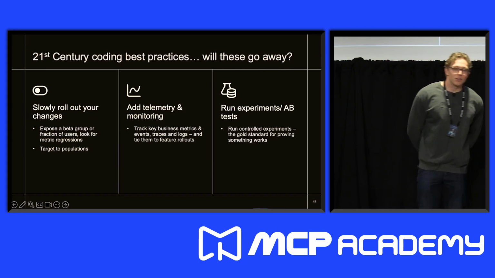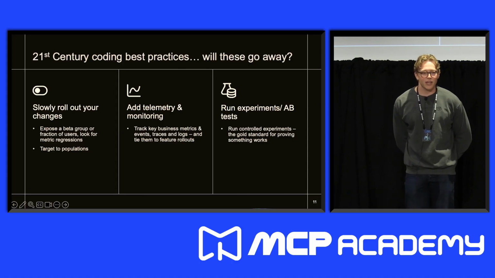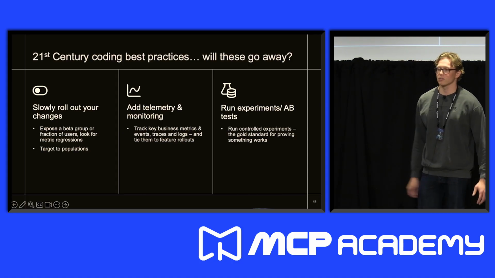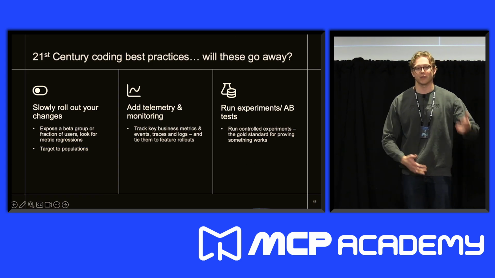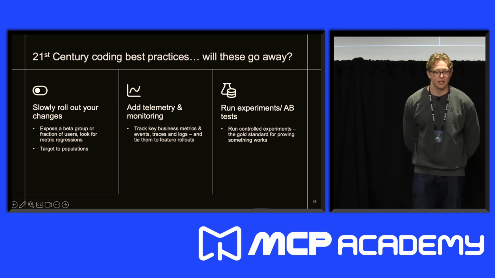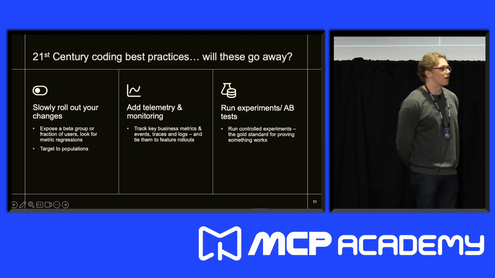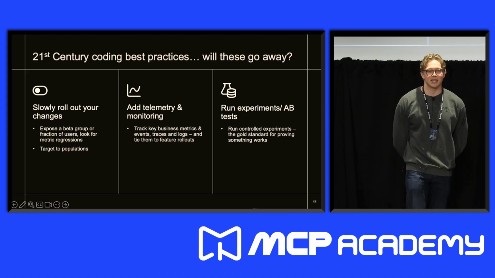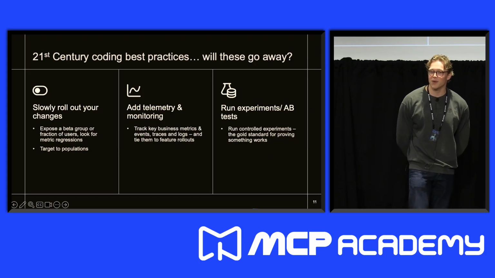But there are all these best practices in coding, and these are things we work on intimately at Statsig: slowly rolling out your changes, having telemetry around your code, running experiments and A/B tests. That's our bit, right? But I refuse to believe that we're going to throw those things out when AI starts writing code.